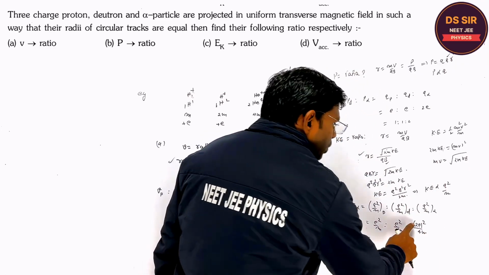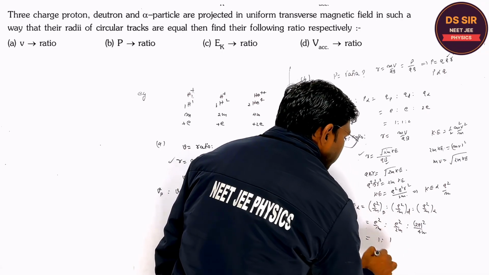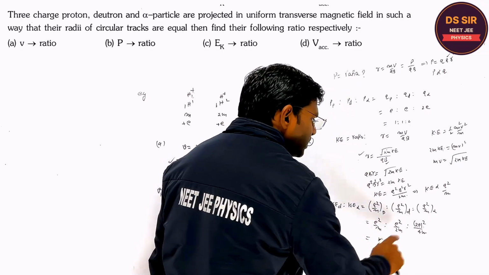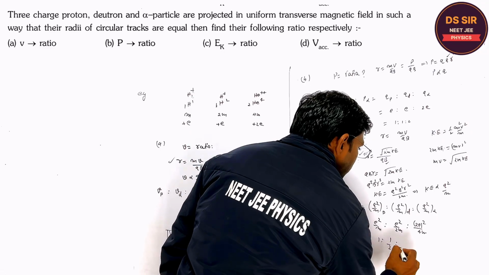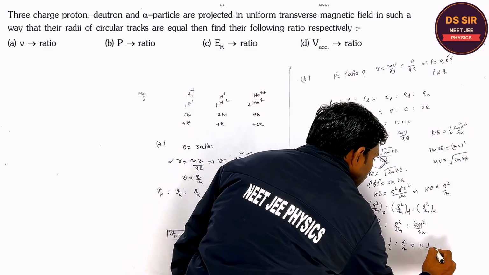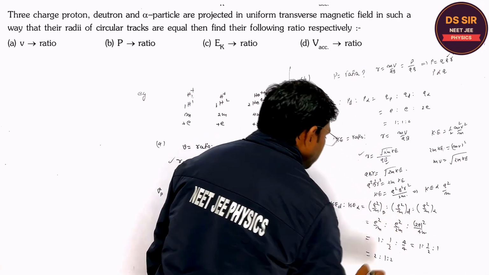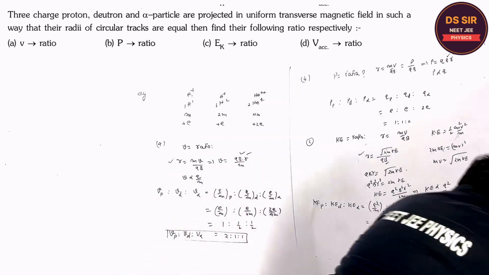Right? 4 upon 4 is also 1, then 1 by 2. So the E square by m will cancel out, and it is 1 is to 1 by 2 is to 1, which is equal to 2 is to 1 is to 2. This is the answer. Right?